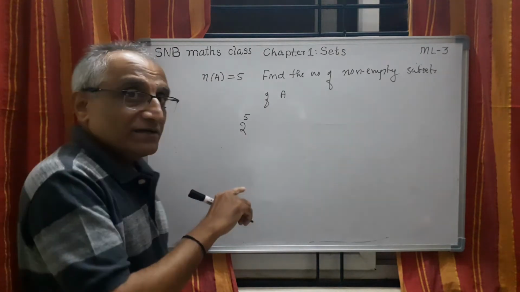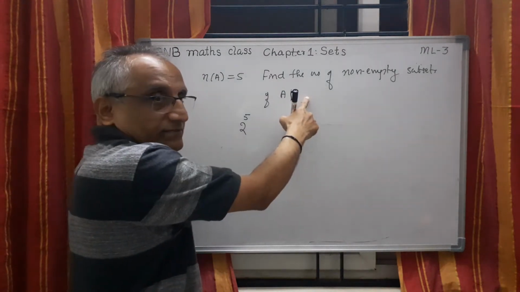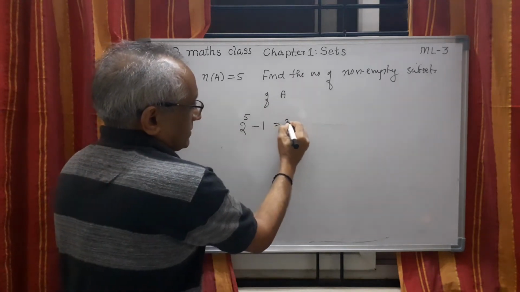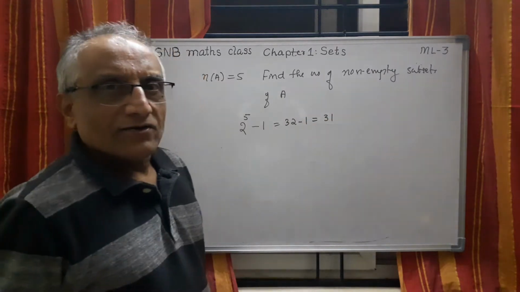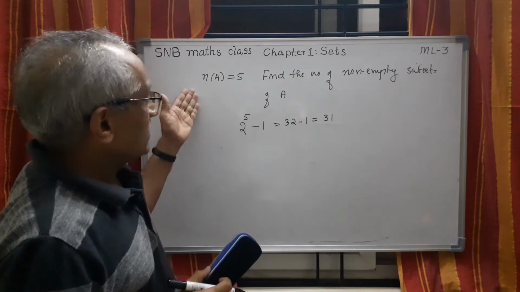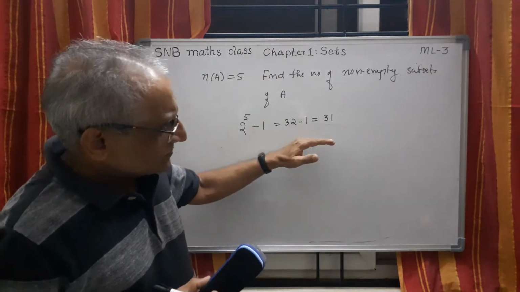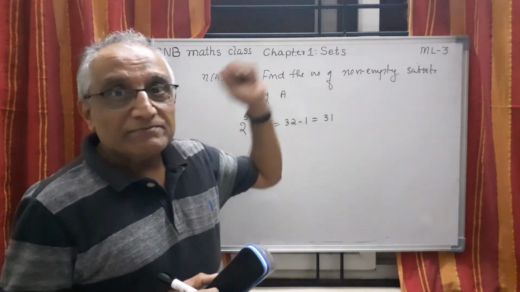But non-empty means the empty set should not be taken here, because the empty set is also a subset. So I have to subtract 1. So it is 32 minus 1, that is 31. Like this, a lot of questions can be asked related to the number of elements and the number of elements in the power set. So let us work out such questions in the supplementary lesson session.